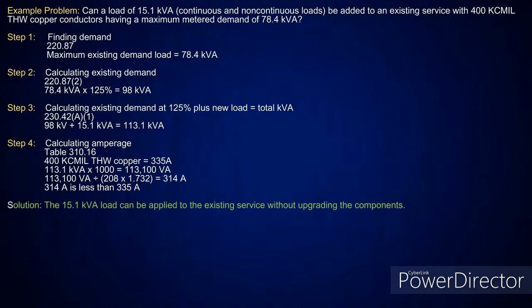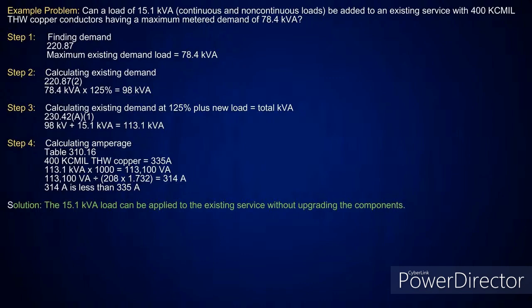So when you go over and you look at 220.87, the heading will be Determining Existing Loads. It's going to tell you that the calculation of a feeder or service load for existing installations shall be permitted to use the actual maximum demand to determine the existing load under all the following conditions. And look what it says here: the maximum demand data is available for a 1 year period.